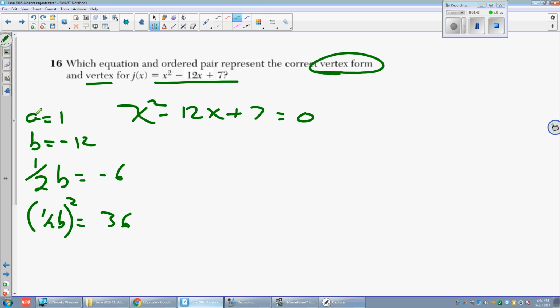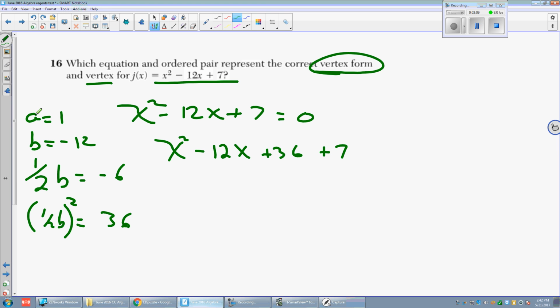So to get it in vertex form, this is just like completing the square. We're going to have to add 36. Now remember, if I add 36 on the left-hand side, I have to add 36 onto the right-hand side. That's what I always do.